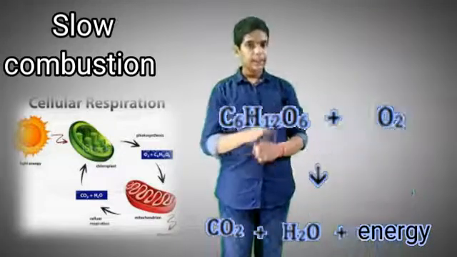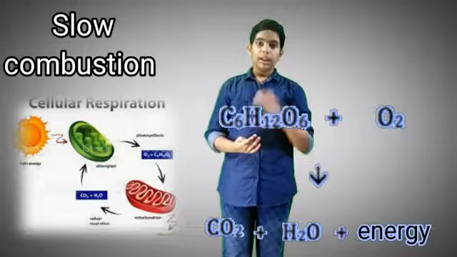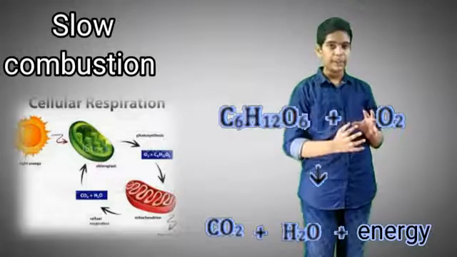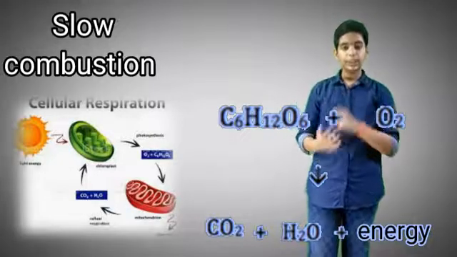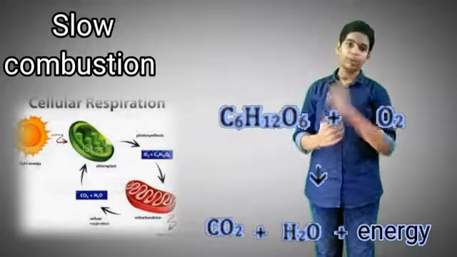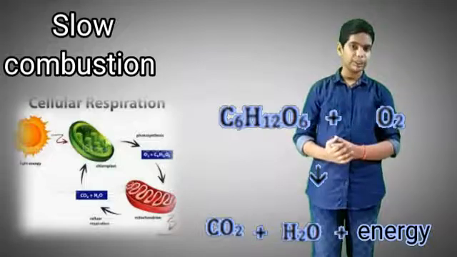And the byproducts are carbon dioxide, water and energy, as we had seen before. As the combustible substance reacts with oxygen to produce some byproducts, we can say that cellular respiration is also a kind of combustion which comes under slow combustion. So friends, now I hope that you understood about slow combustion.